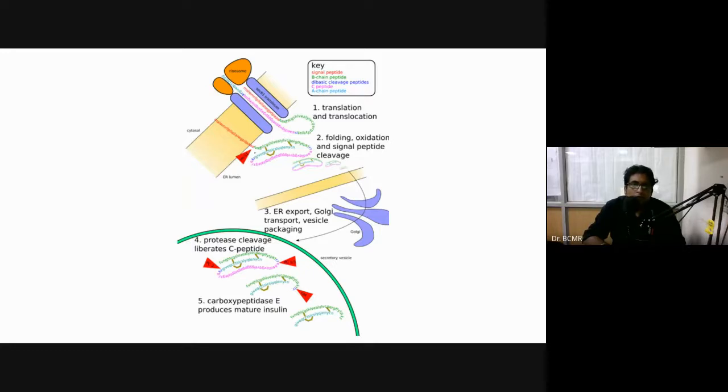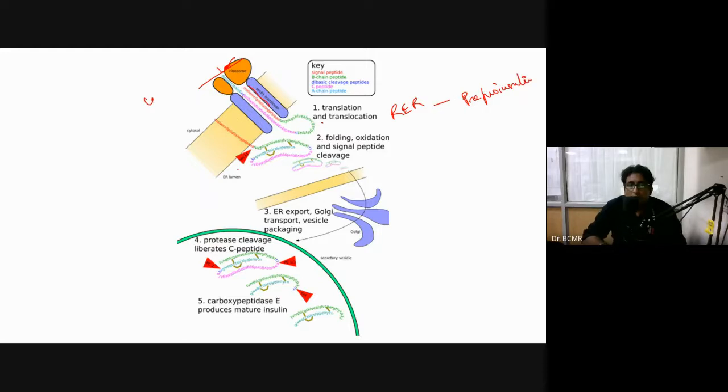Say, for example, this is the cytoplasm. This is the ribosome that is producing it, translating the mRNA of insulin. Using the signal peptide, the insulin is prepared and secreted into the rough endoplasmic reticulum, RER. At that stage, when it contains the signal peptide, we call it pre-pro insulin.